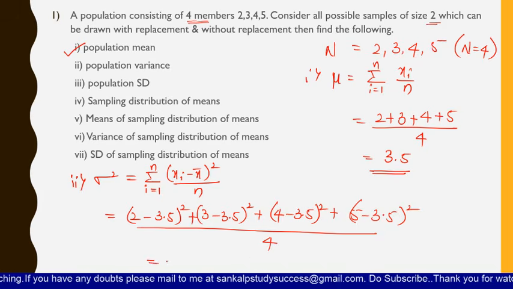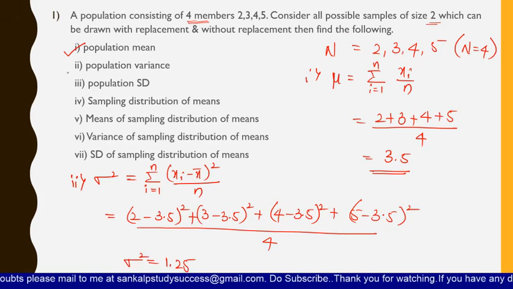If you simplify this, you will get 1.25. So sigma square is equal to 1.25. That is nothing but the population variance. So this is the second one.